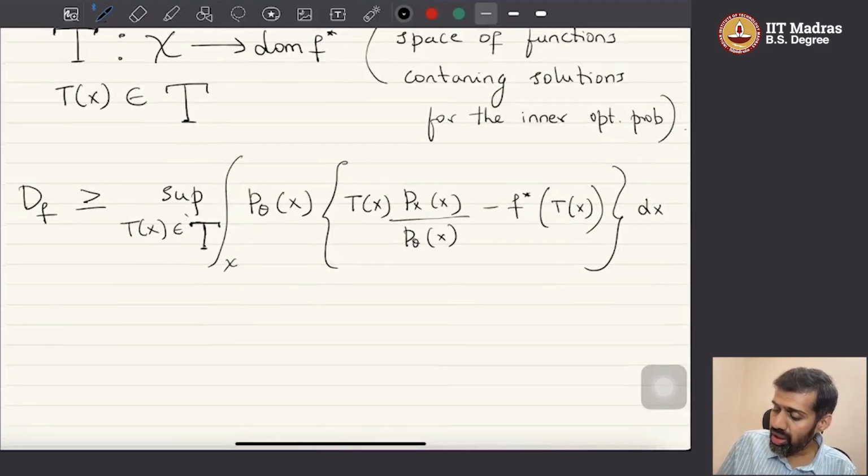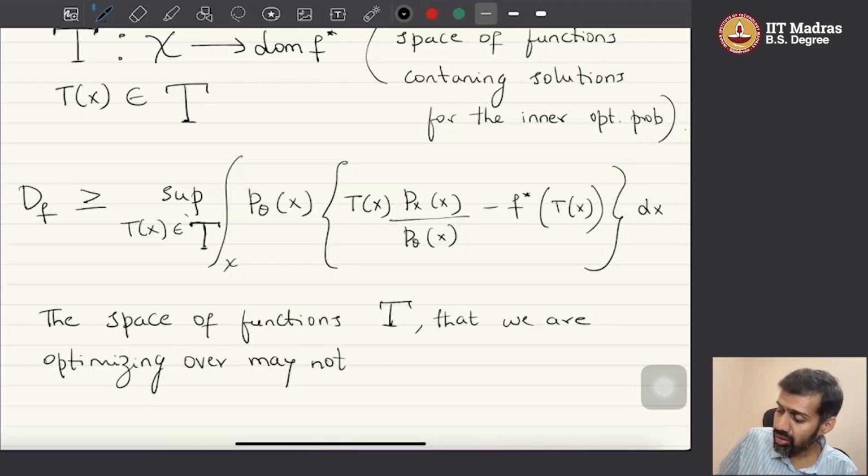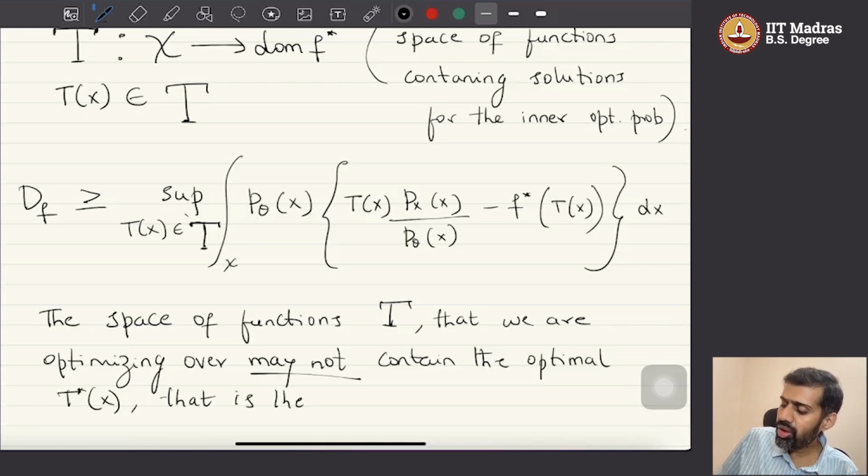Now the space of functions t, okay, that we are optimizing over may not contain the optimal t star of x that is the solution for all x.